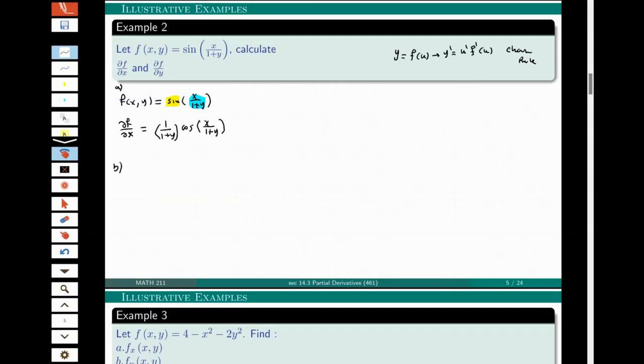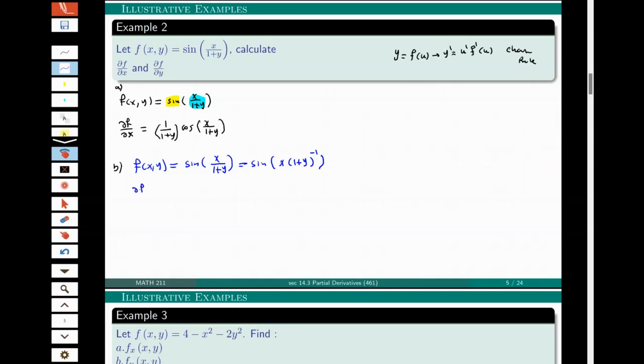Now b, if I have the function f of x y equal to sine of x over 1 plus y, I will rewrite it as sine of x times 1 plus y raised to the power minus 1. Why did I write it this way?